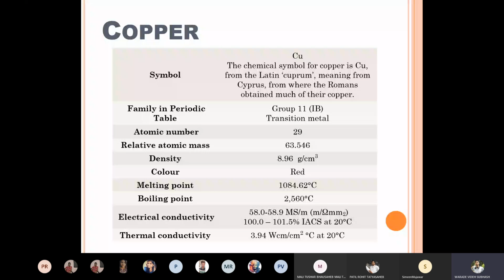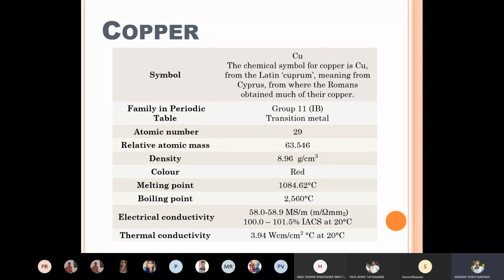Boiling point is 2560 degrees Celsius. It has electrical conductivity of 58.0 to 58.9 and thermal conductivity of 3.94 W per centimeter per degree Celsius, counted at 20 degrees Celsius.